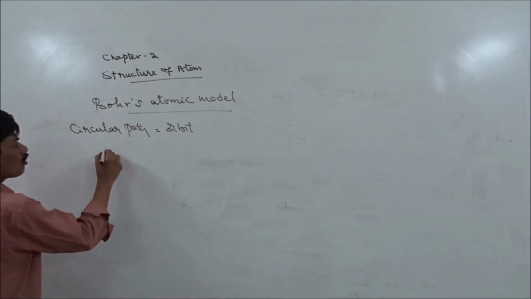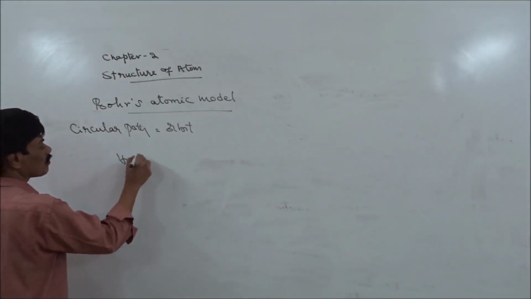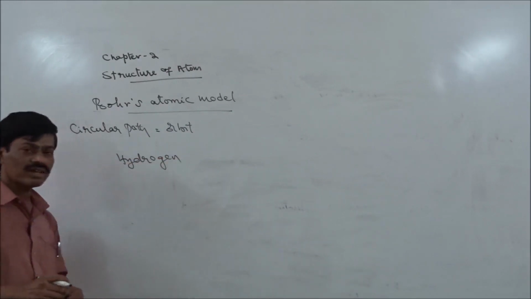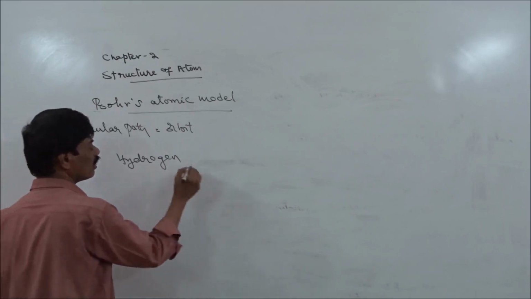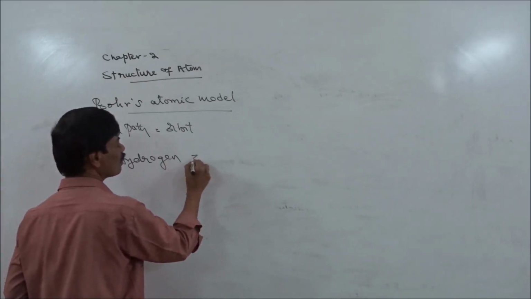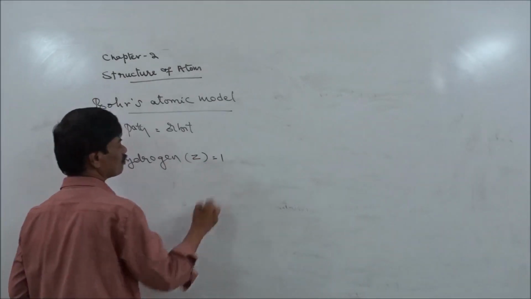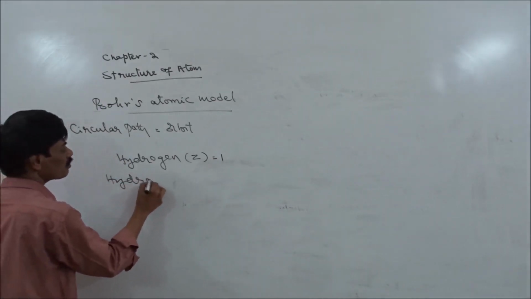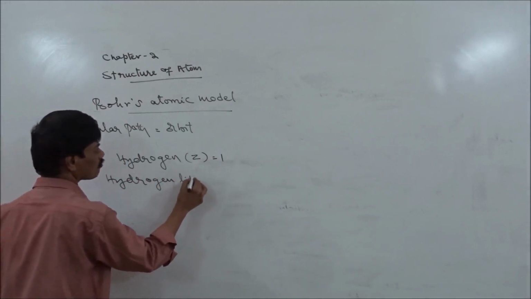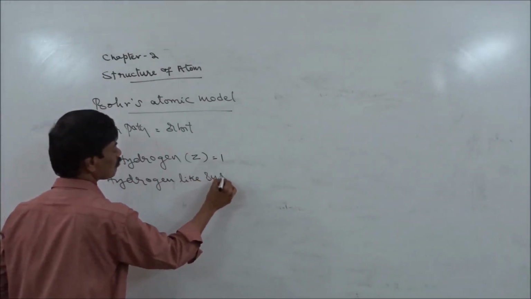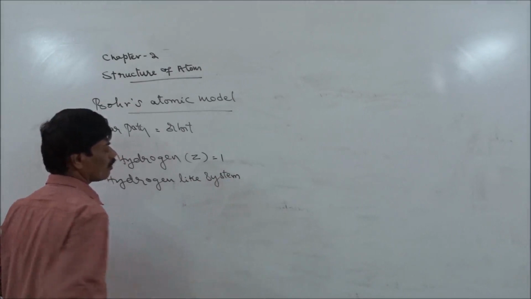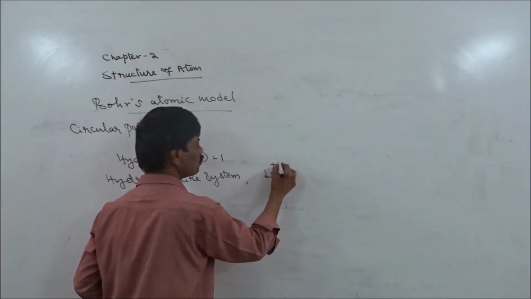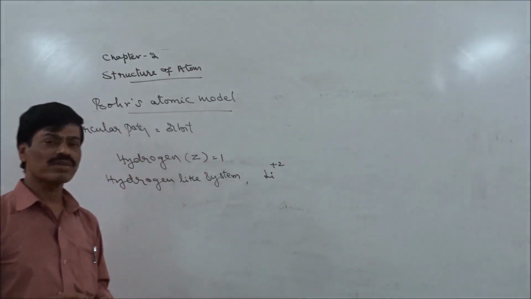Here, hydrogen contains only 1 electron. Right. Its atomic number is 1. Z stands for atomic number. Now, hydrogen-like system means it can be Li plus 2, lithium atomic number 3.